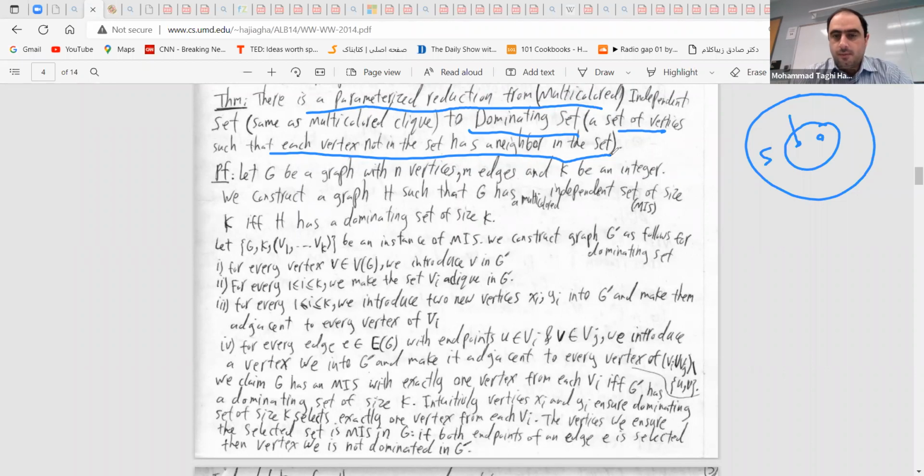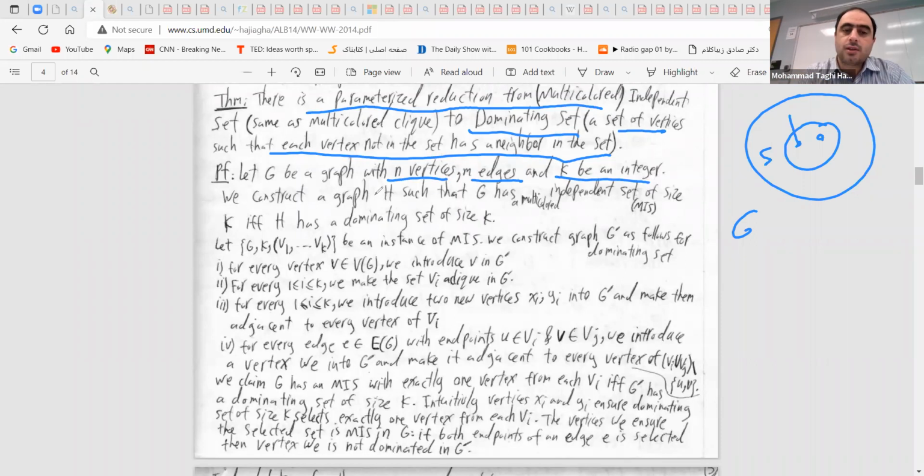So what do we want to solve? We want to give a reduction from multicolored independent set. So it means that we want to solve a multicolored independent set using the dominating set problem. Good. So let G be a graph with n vertices and m edges and k be an integer, like this is the k colors that we have.